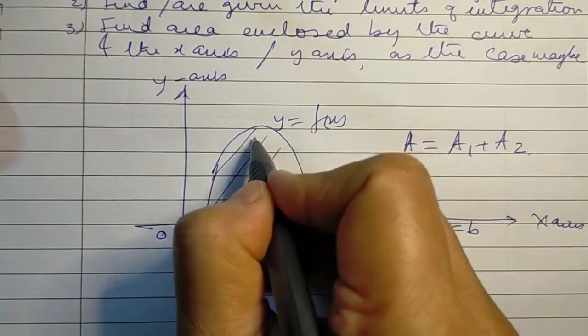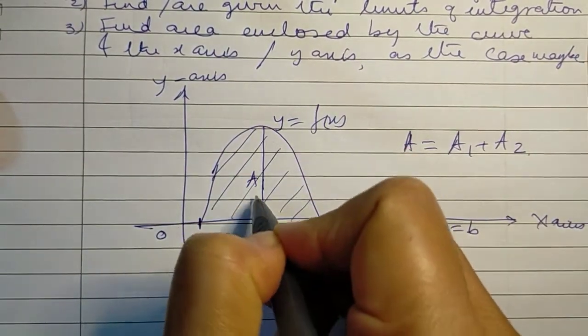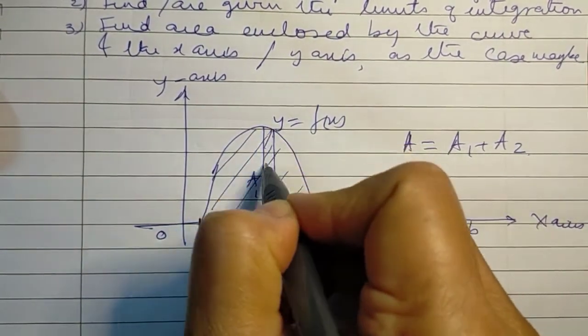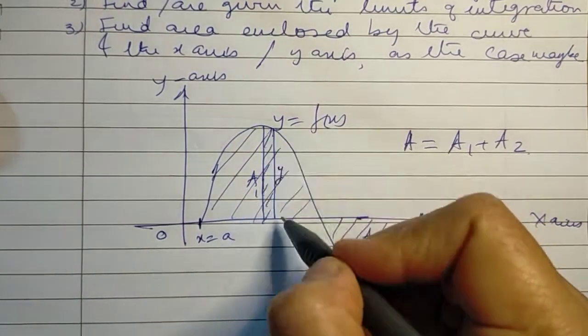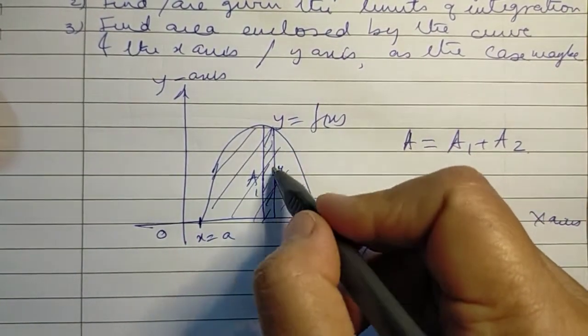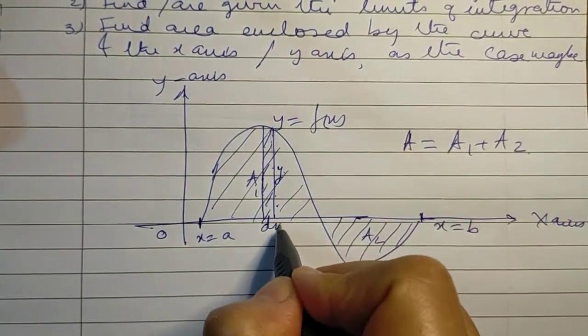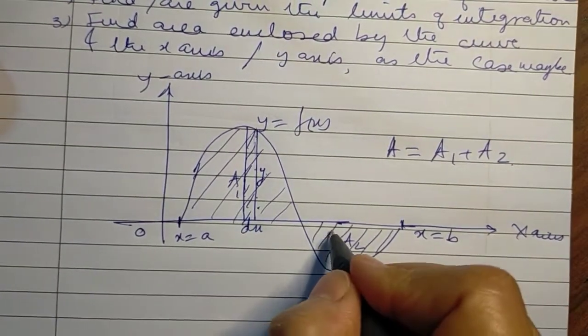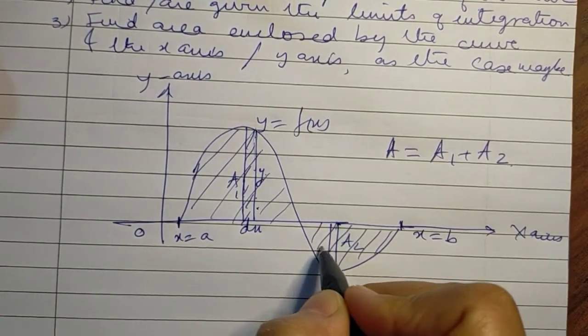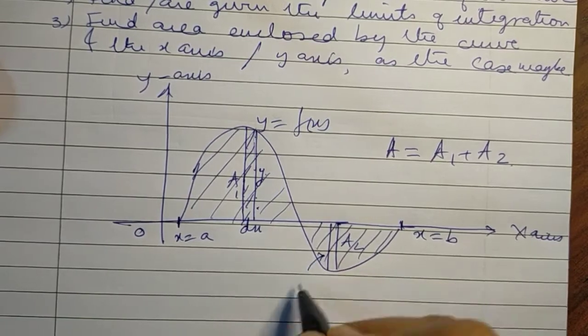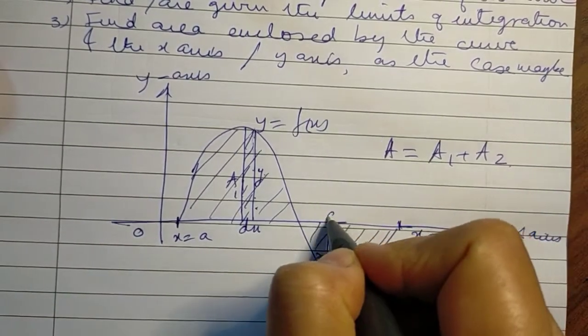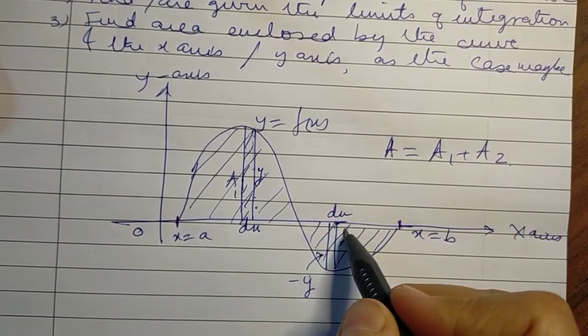But when you see here, when you draw a thin strip here, the height is y into dx, whereas when you draw a thin strip here, the y coordinate would come out to be negative, and so you have minus y dx.